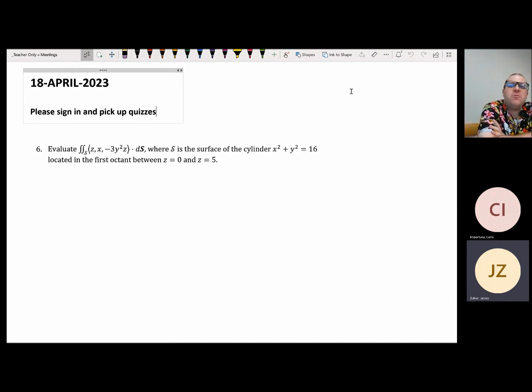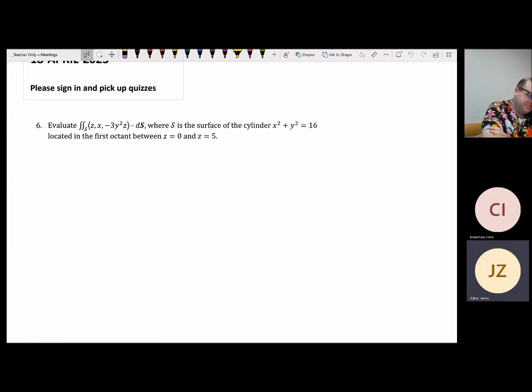Remember, we want a parameterization of the surface. The parameterization of a cylinder was given. It was derived in the video.